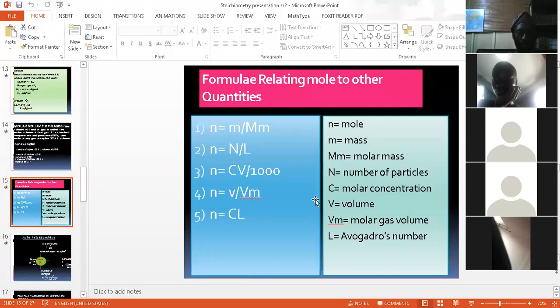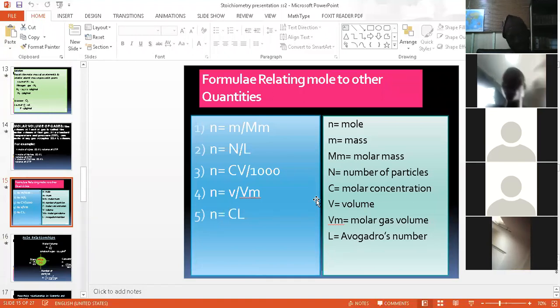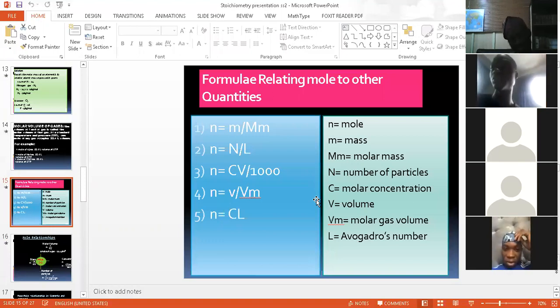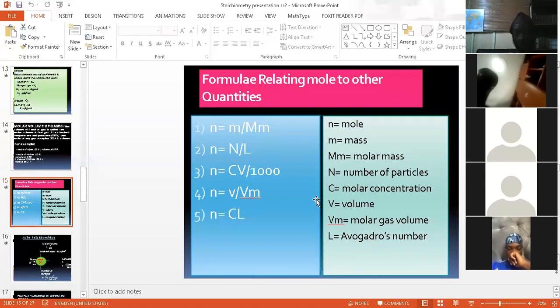Now, as you can see on the screen, I told you earlier on that I'm going to be doing a great deal of calculation in this very topic, and all the calculations are based on one concept. So these are the formulas relating moles to other parameters or quantities.